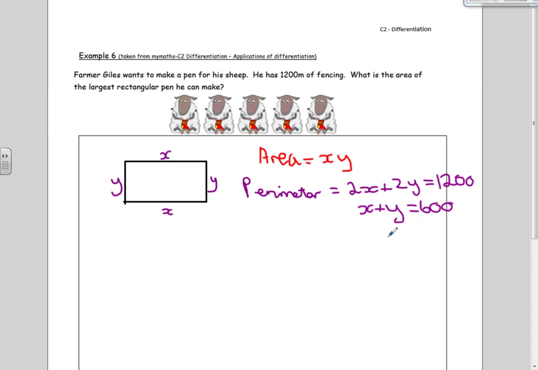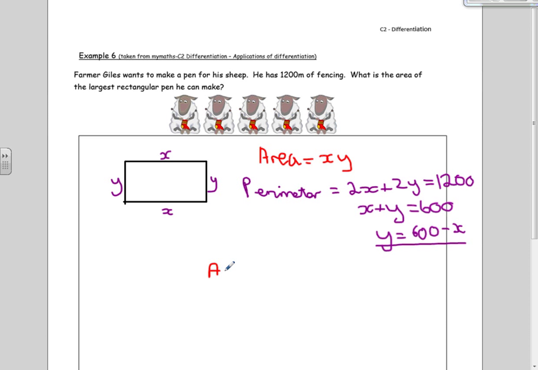And then I can make y the subject of the equation. So that'd be y equals 600 minus x. So that then I can substitute that into the equation for the area so that then I can differentiate it. So I'm going to substitute in y equals 600 minus x into the area.